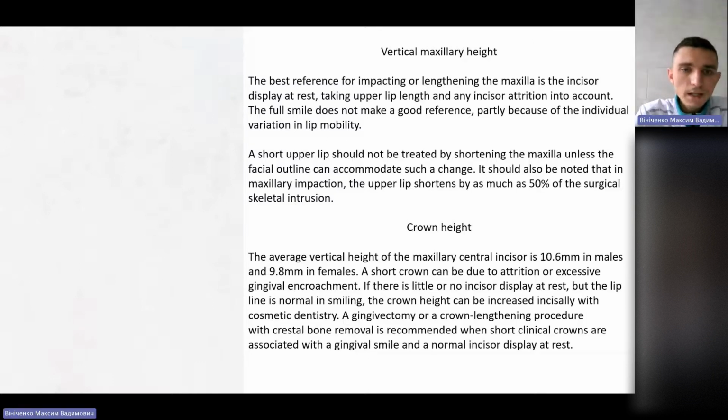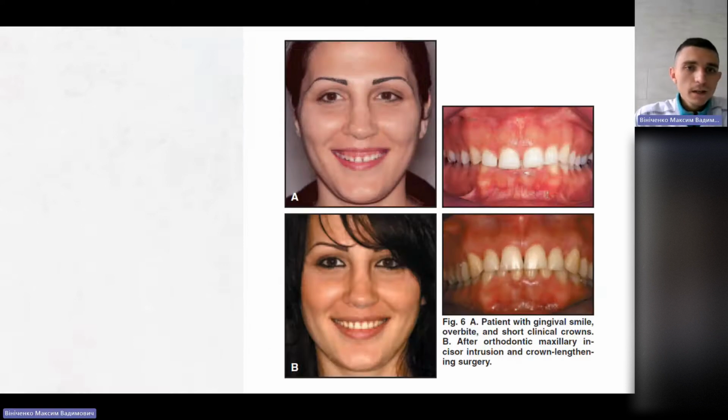The crown height can be increased incisally with cosmetic dentistry. A gingivectomy or a crown lengthening procedure with vertical crestal bone removal is recommended when short clinical crowns are associated with a gingival smile and a normal incisor display at rest.